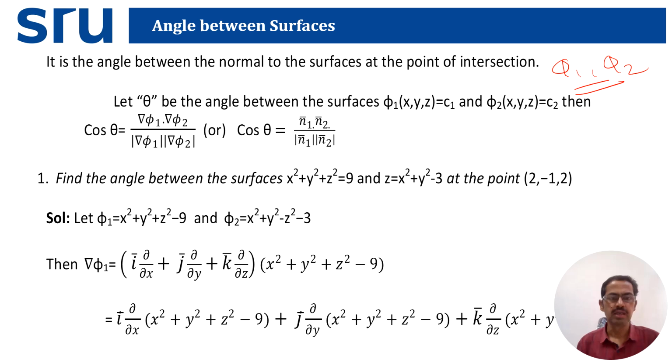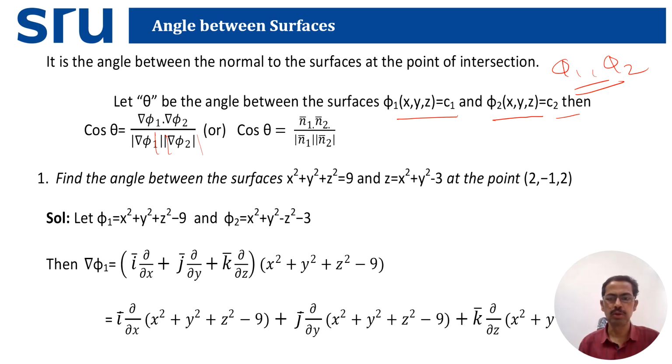Here let theta be the angle between the surfaces phi 1 of x comma y comma z equal to C1 and phi 2 of x comma y comma z equal to C2. Then the angle is defined by cos theta equal to del phi 1 dot del phi 2 by the magnitude of del phi 1 and the magnitude of del phi 2, both magnitudes.